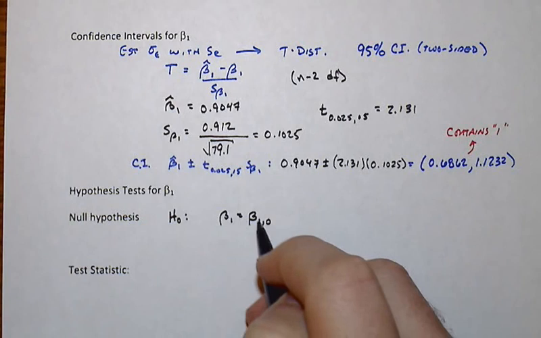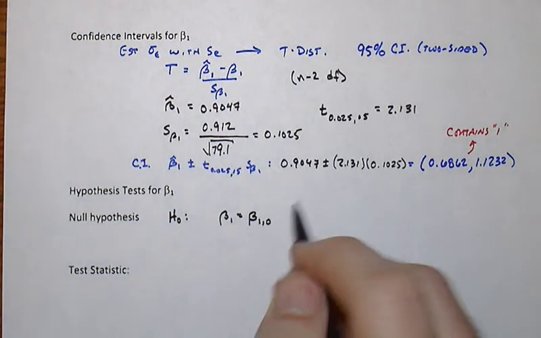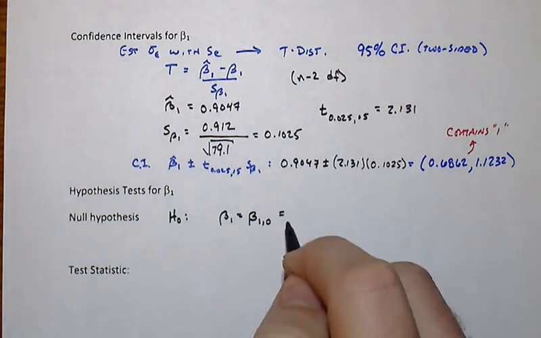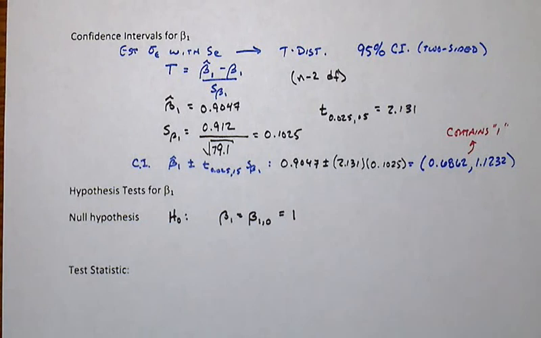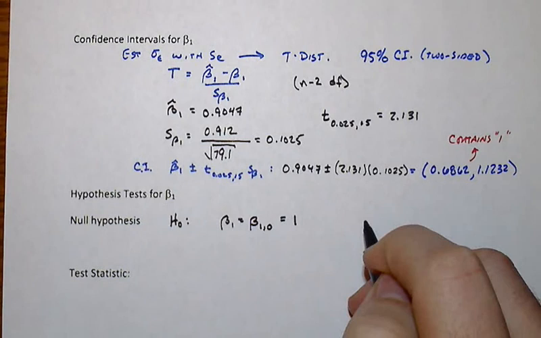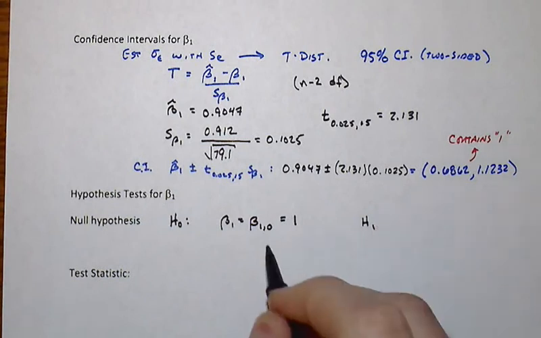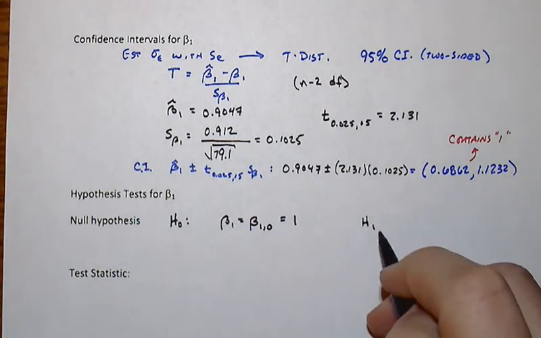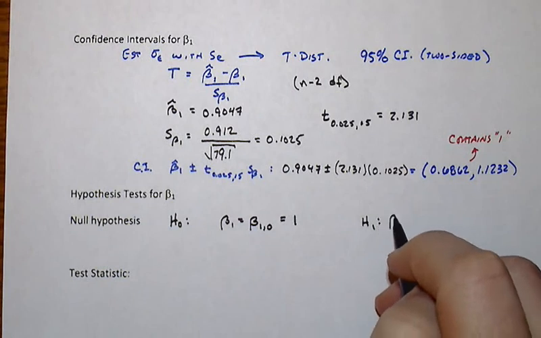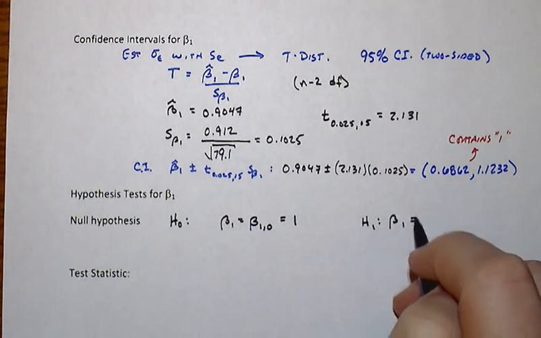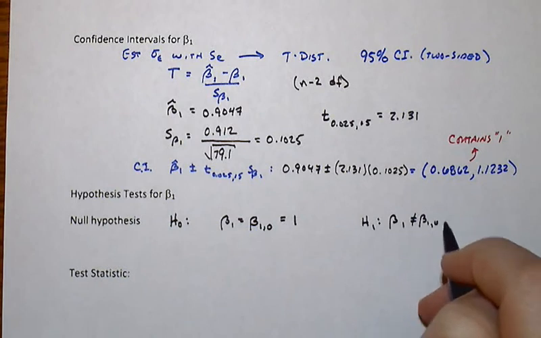That's where the second subscript is coming from. And that is equal to 1 in this particular case. We'll do a second hypothesis test where we'll change that value. The alternative is two-sided, that it's not equal to 1.